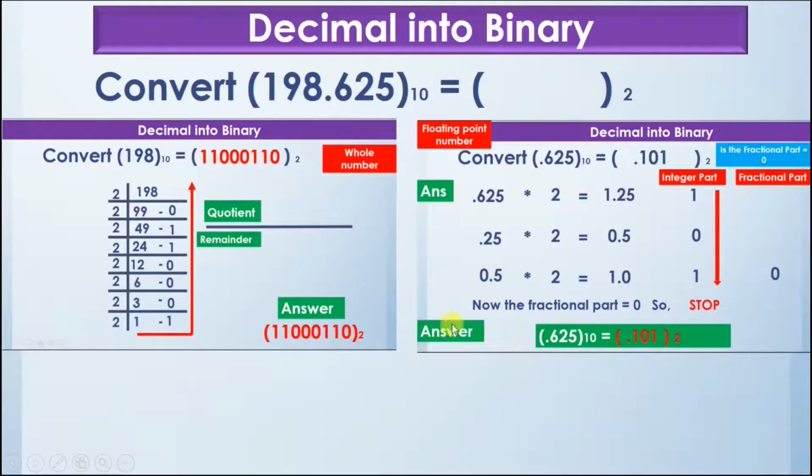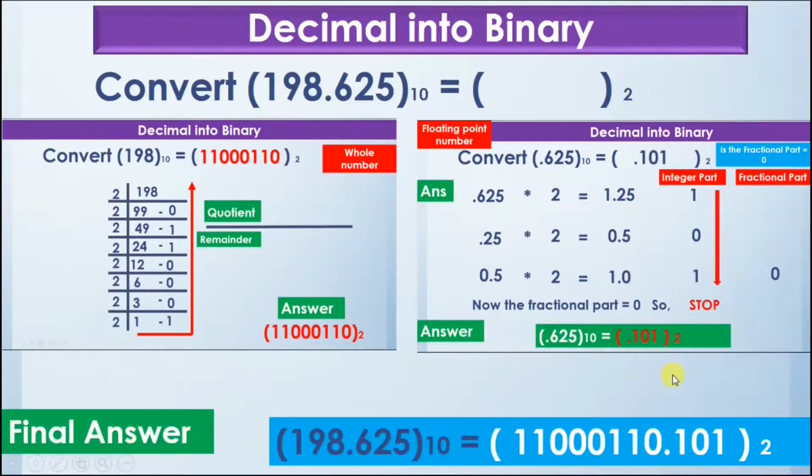Now we have the answer of 198, that is this one, and we have the answer of 0.625, that is this one. While calculating the final answer, we will combine this answer and this answer together. And this is how we can solve a decimal number that has a whole part as well as a floating part. So I hope you understand.